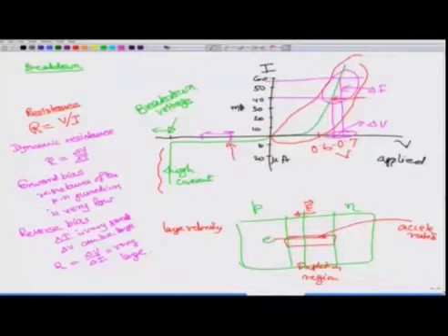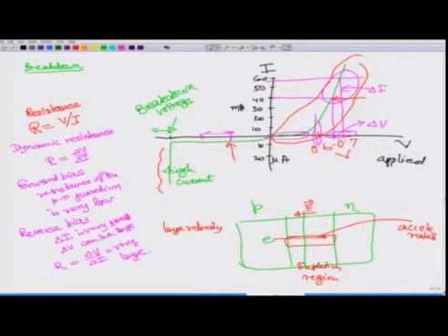In forward bias also, if you are above that knee voltage after which the current increases rapidly, then you have low resistance, but if you are in the region below that, the resistance is still high.